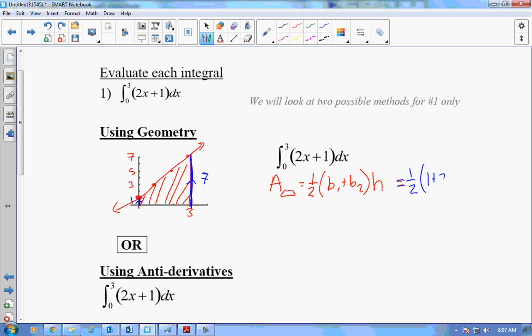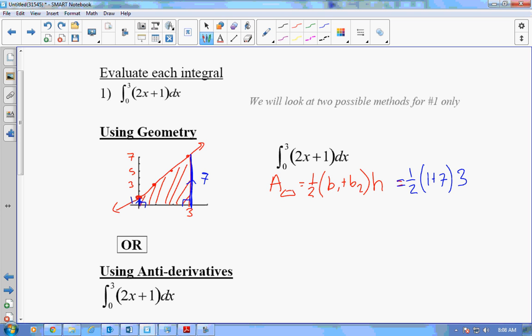1 plus 7 times the height, which has to be perpendicular. Is the line from the graph 2x plus 1 perpendicular to the parallel lines? No, you have to use the base. Base and height have to be perpendicular, and that is length 3.